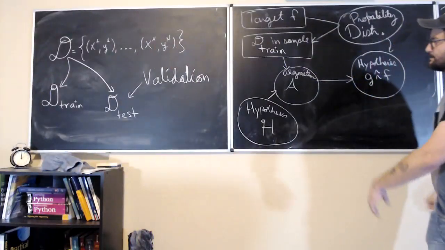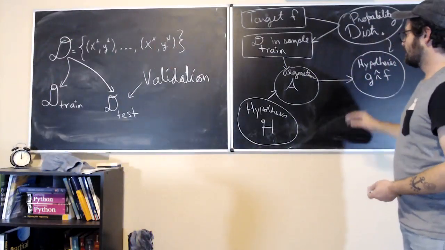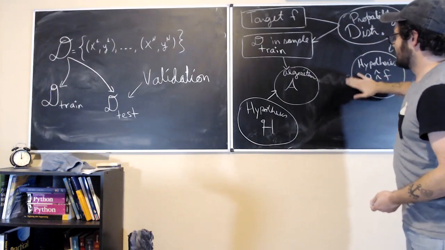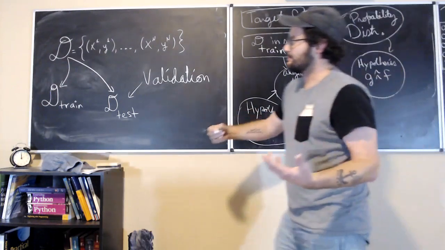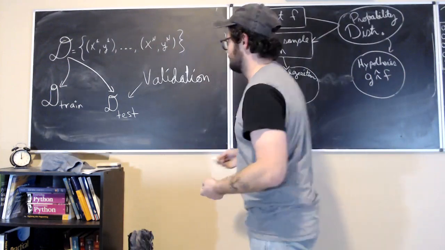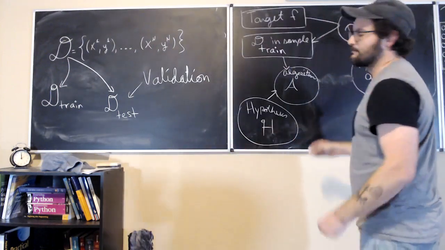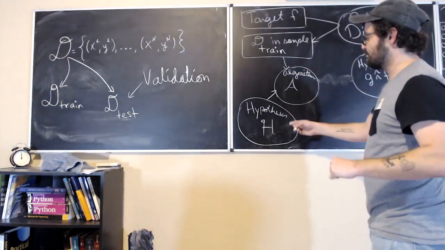So once we form our hypothesis, we find the G that we want, or we find a hypothesis H from there.